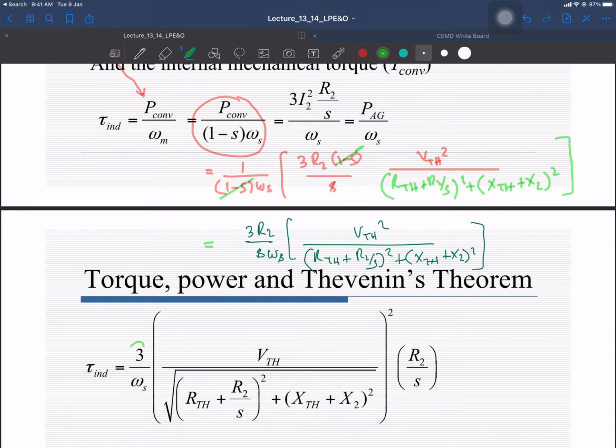And finally, as shown over here in this expression, 3 by omega S from here, and R2 by S, that is this one, and this portion, right? This is shown over here.